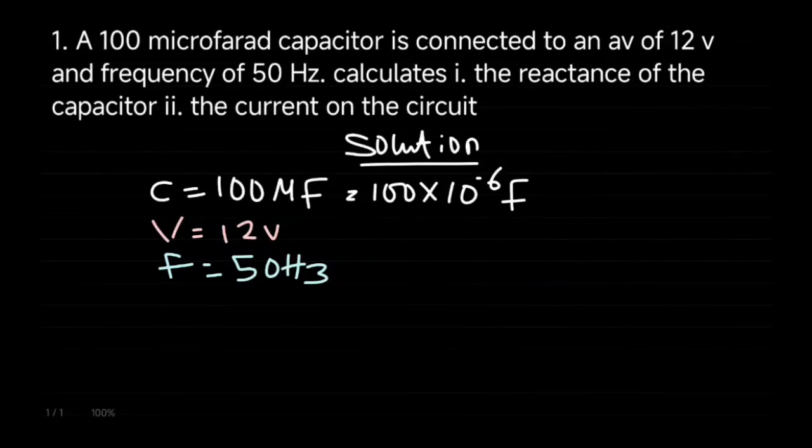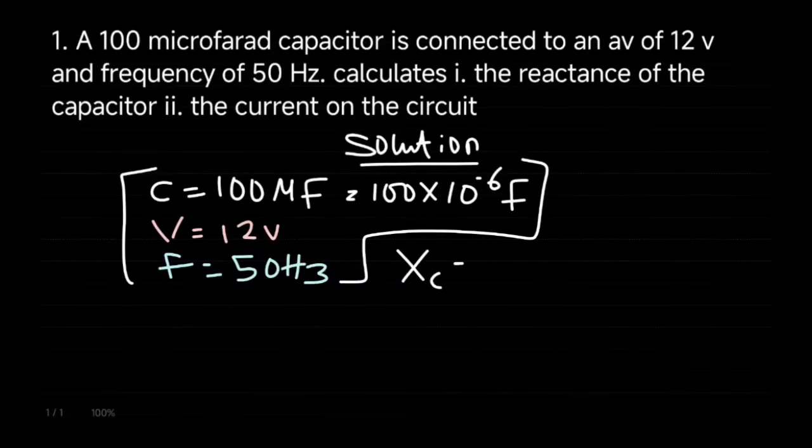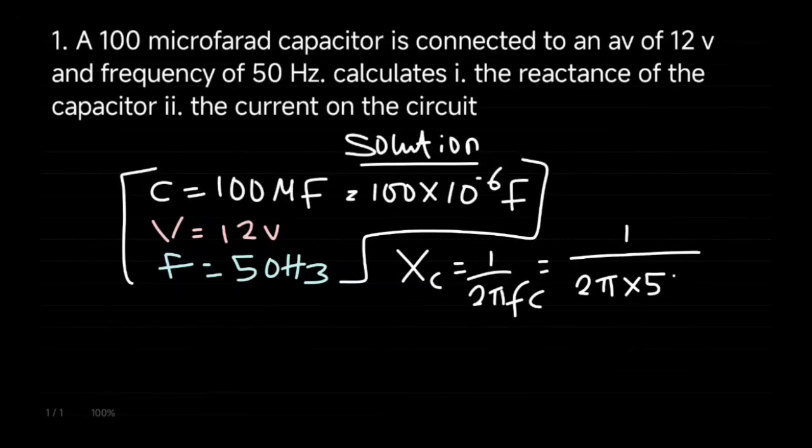So we are calculating for the capacitive reactance, which is given as Xc is equal to 1 all over 2 pi Fc. 1 all over 2 pi times 50 times 100 times 10 raised to the power of minus 6.